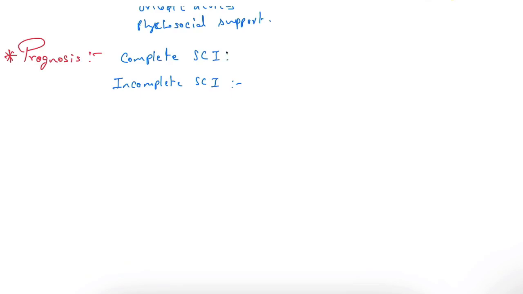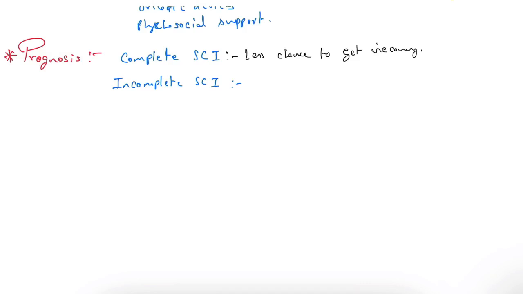Now we are going to discuss prognosis. In prognosis, there is complete spinal cord injury and incomplete spinal cord injury. In complete spinal cord injury, there is very little chance to get recovery and to get a normal life like before.